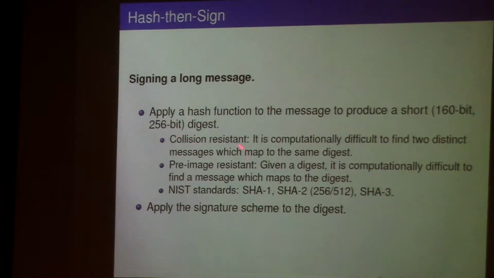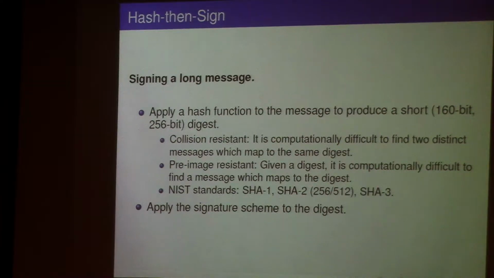So the hash function, the function which maps these bit strings to short strings, must be collision resistant. It must also be pre-image resistant in the sense that if you're given a digest, it should be computationally difficult to find a pre-image which maps to this digest.